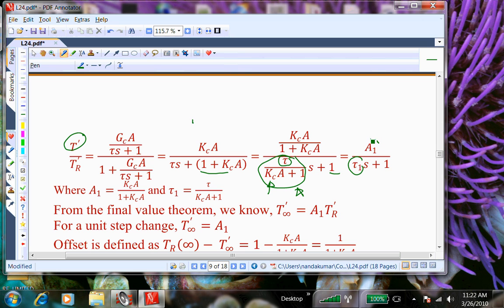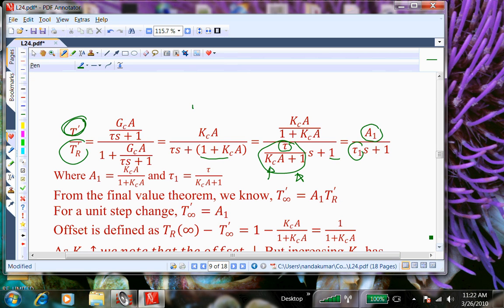And what is A1 in a similar way? A1 is the effective gain. The gain is the ratio of the output to the input signal, T prime divided by Tr prime. That is the effective gain. And from the final value theorem, we know that the steady state value is given by A1 times Tr prime.